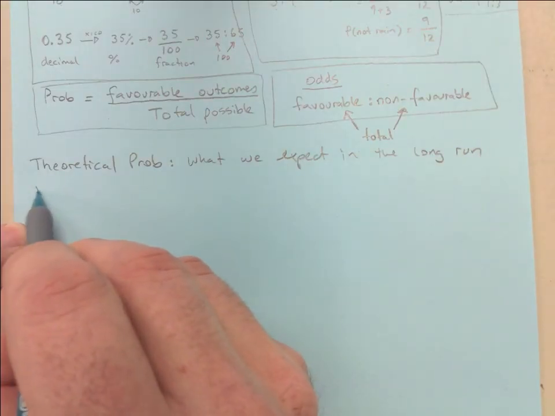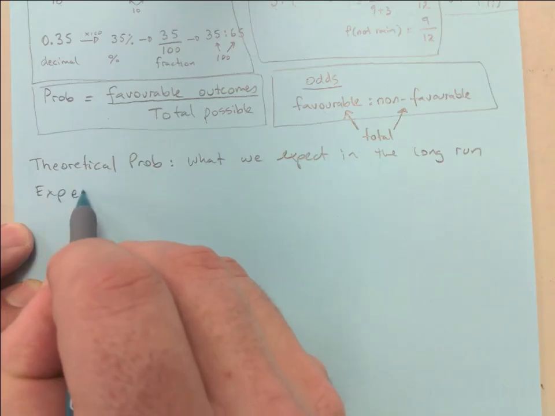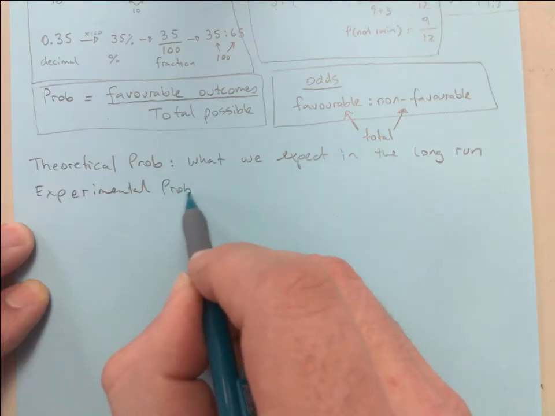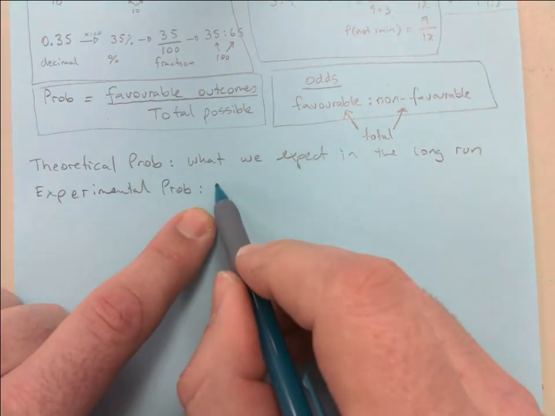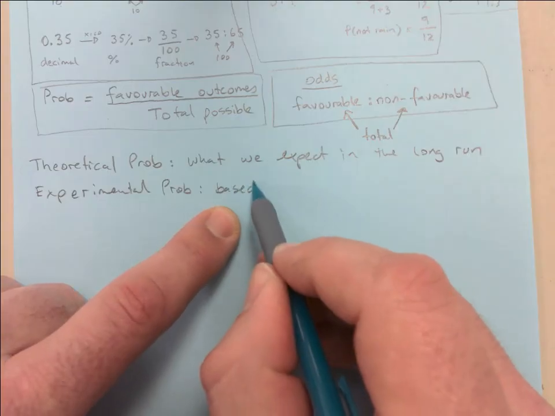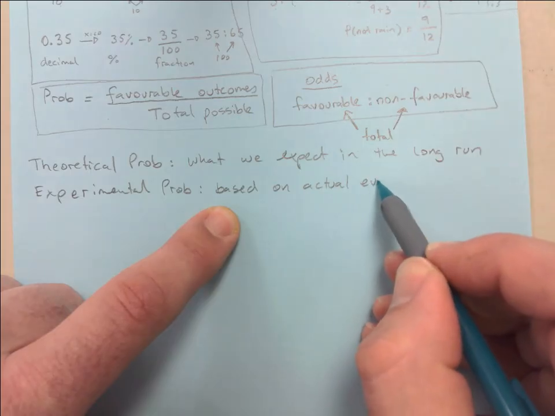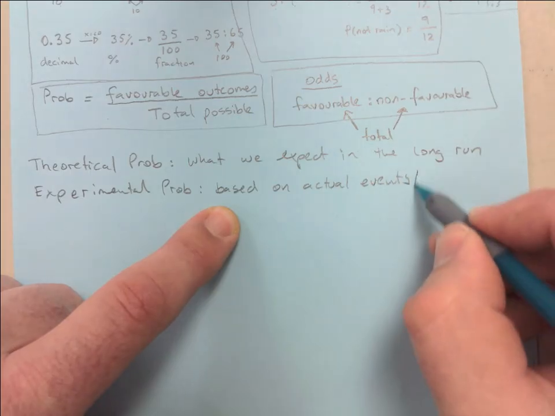What's the other one? Experimental probability. This is based on actual events or trials.